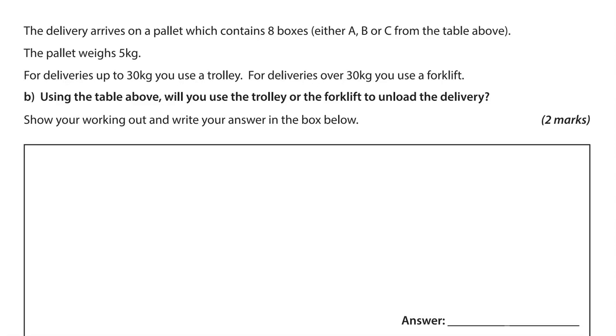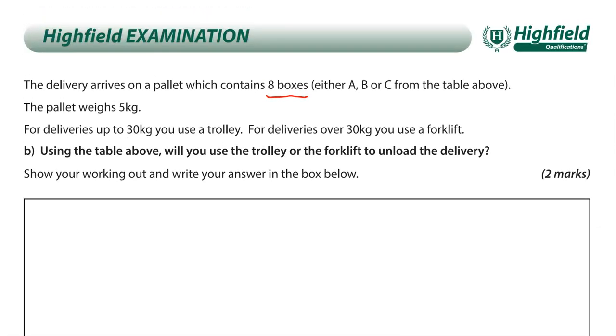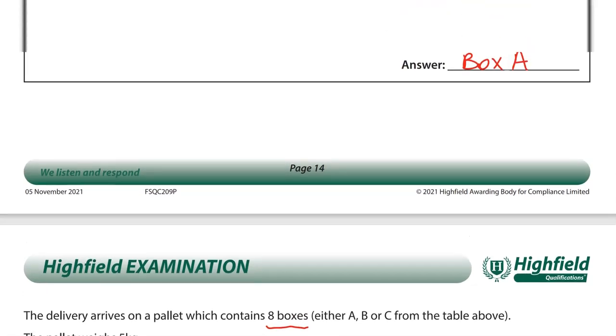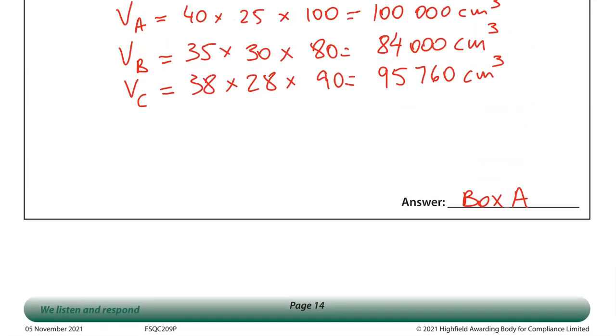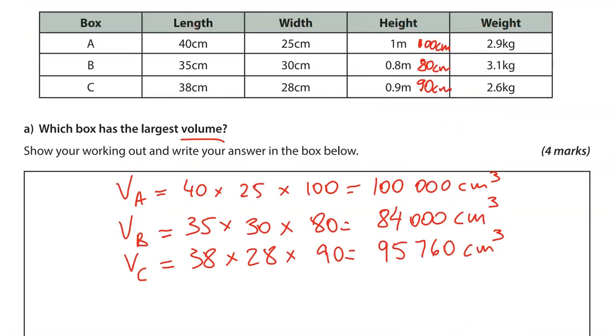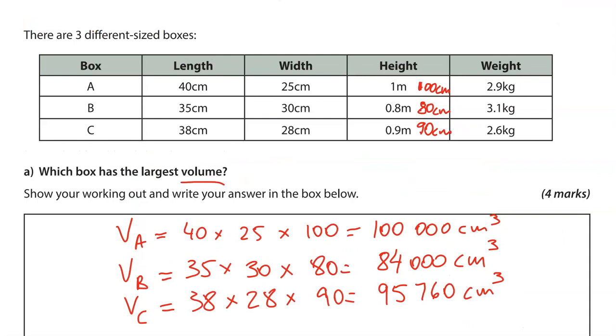Okay, so it's going to be 8 boxes, and we don't know whether it's going to be A, B or C. So we could assume it's the heaviest, just to calculate this, to work out what is needed.